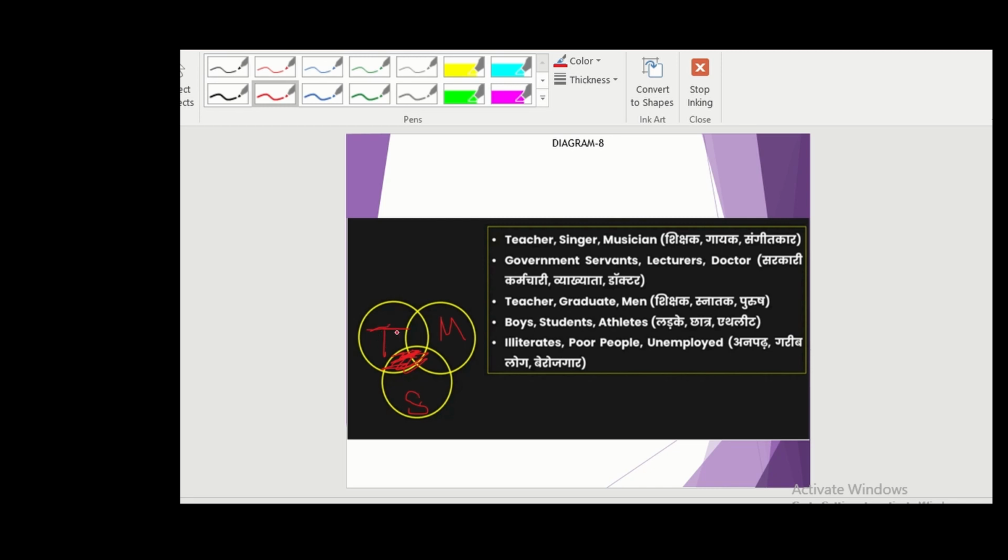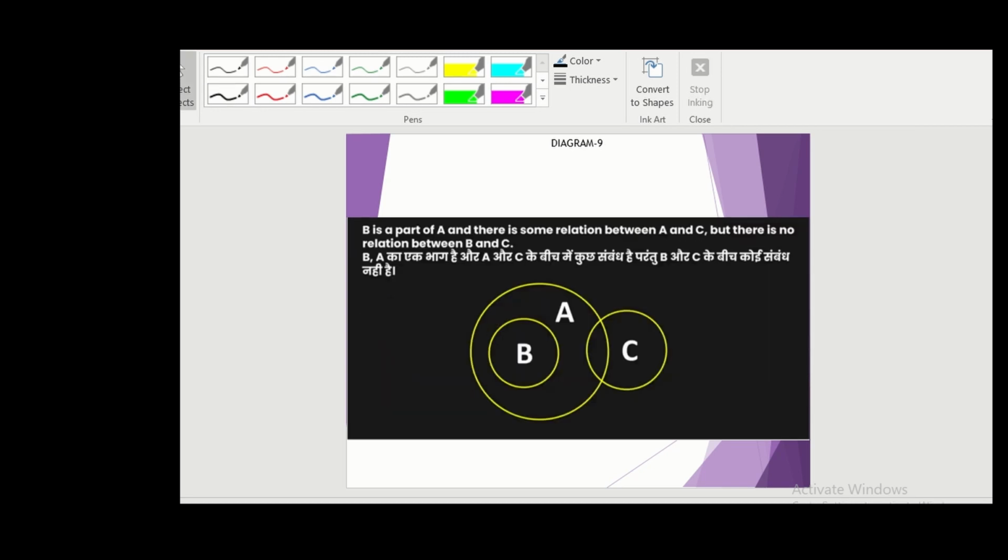And there are few teachers who also can be musicians. There are few musicians who can be teachers, and there is a common ground among these three, this part, where there are few people who can be teacher, singer, and musician. So this is the 8th diagram.